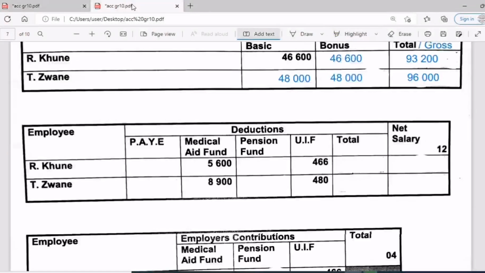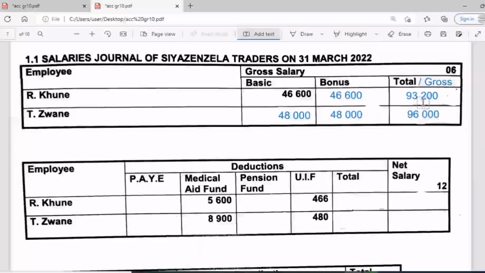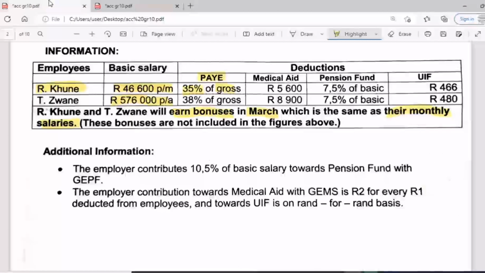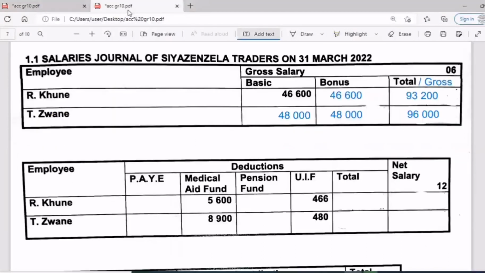The gross salary for Kune is 93,200. So we take the 93,200 and we multiply by the pay as you earn rate of 35%.